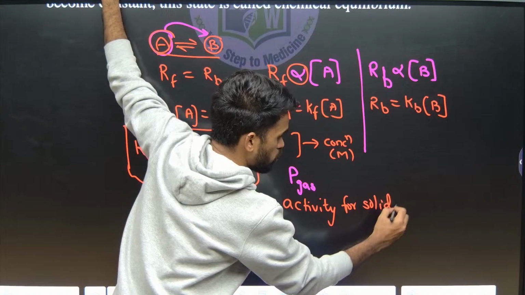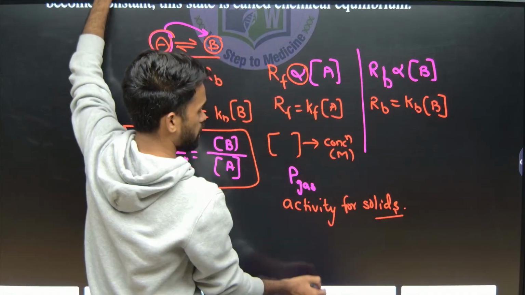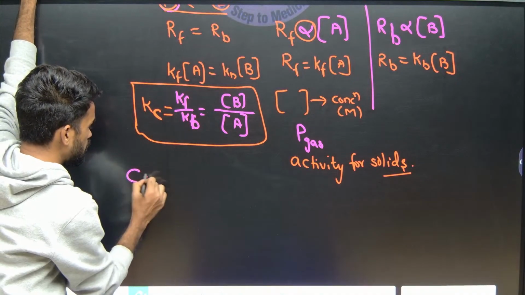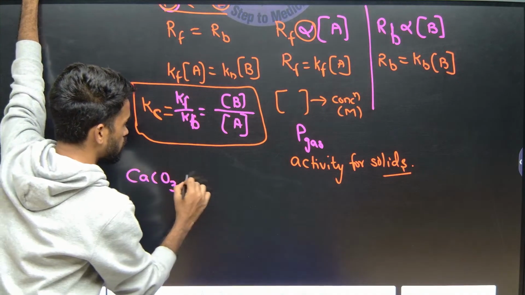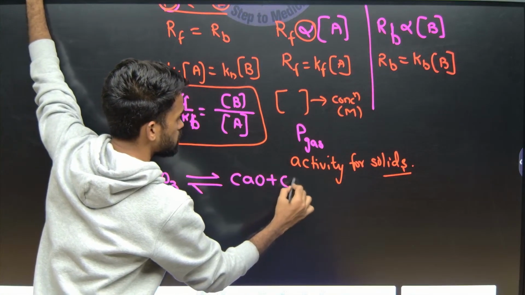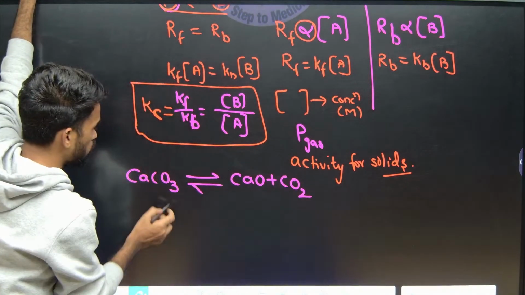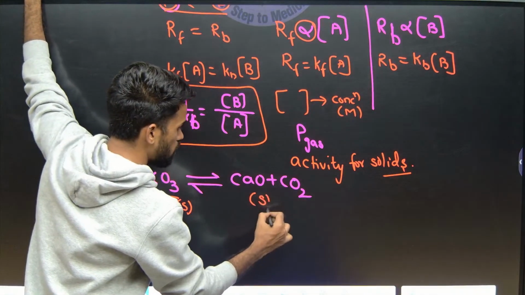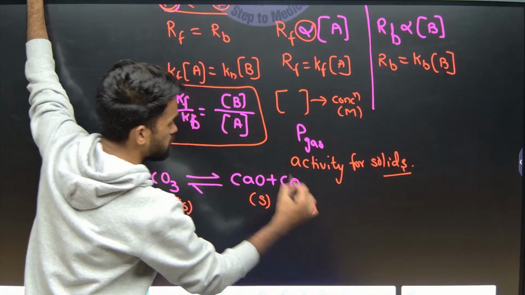I will show you one example so that you will get more clarity. See here I am writing CaCO3 forms CaO plus CO2. We know calcium carbonate is a solid substance here and calcium oxide is also solid, but CO2 is a gas, that is its physical state.